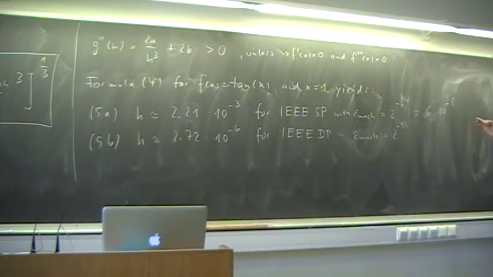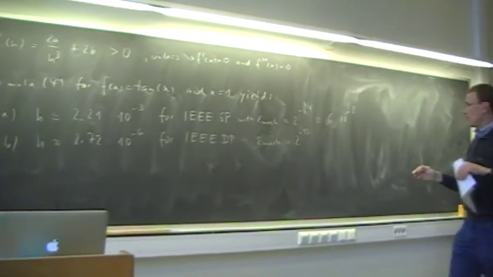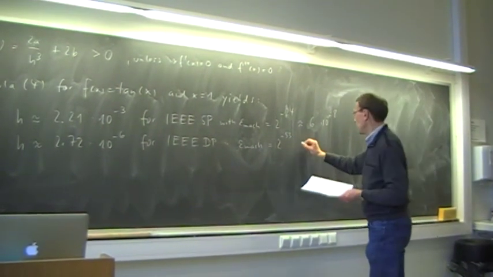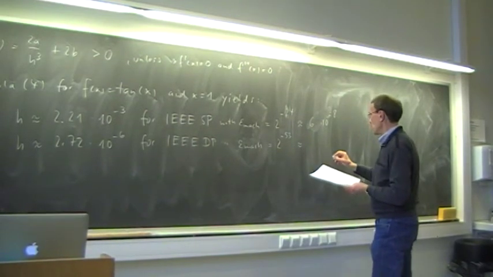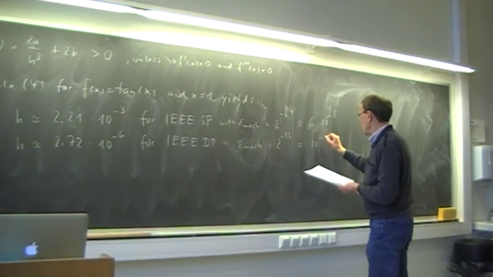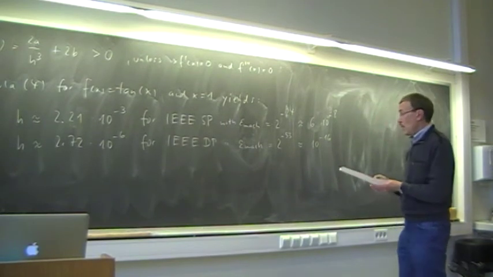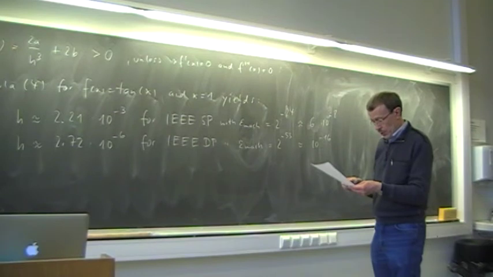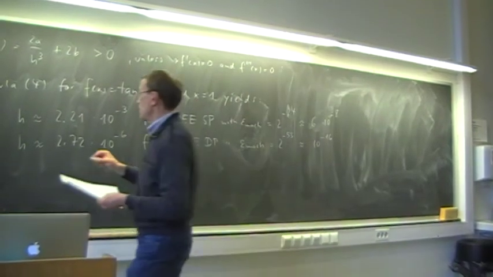That is the length of the mantissa, how many binary digits we can represent, and that is approximately equal to 10 to the minus 16. So that is our result.